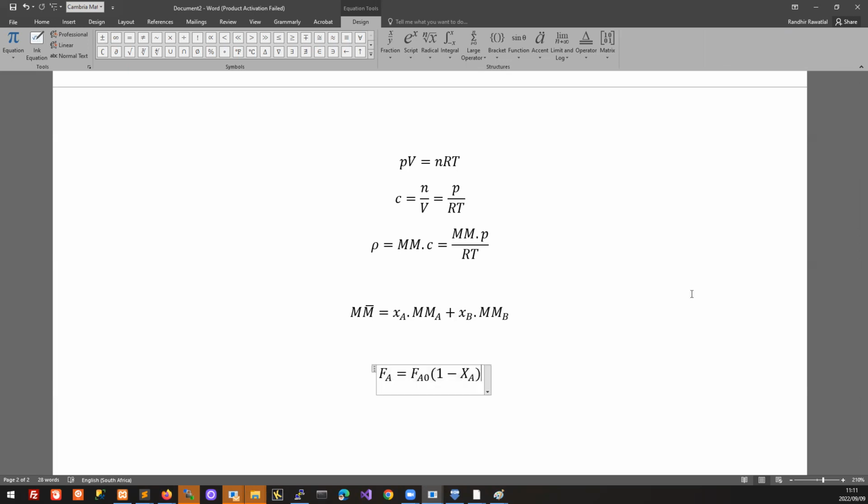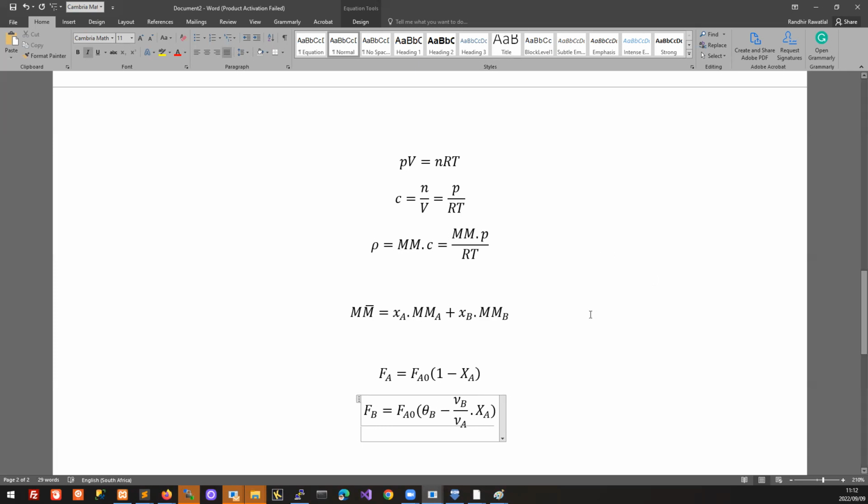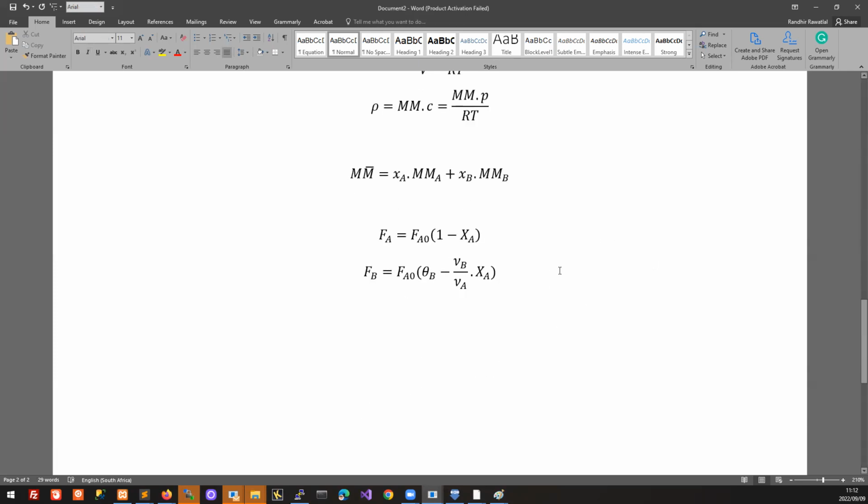And then for B, we can say FB equals FA naught times theta B, the inlet molar flow ratio of B, and then nu B over nu A. So that's the general formula that we derived before.